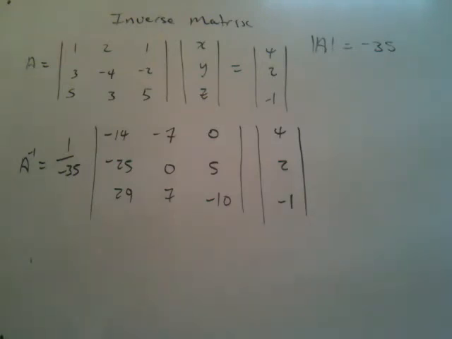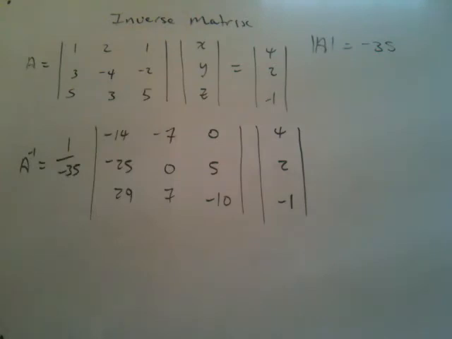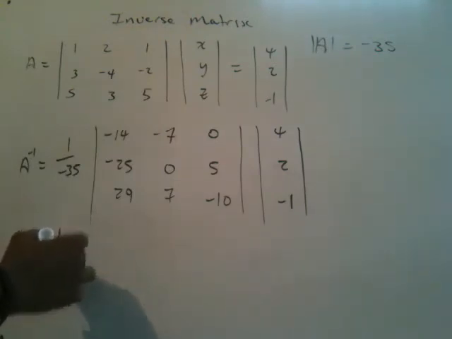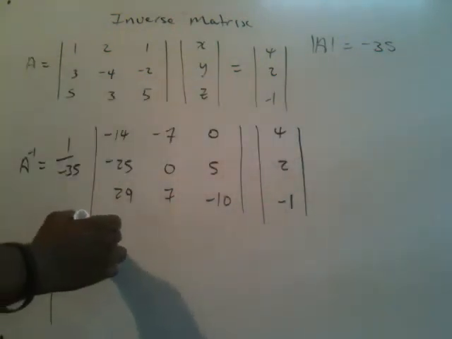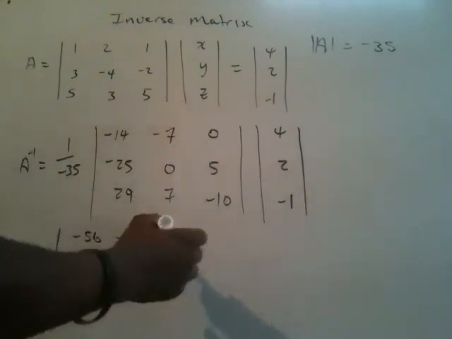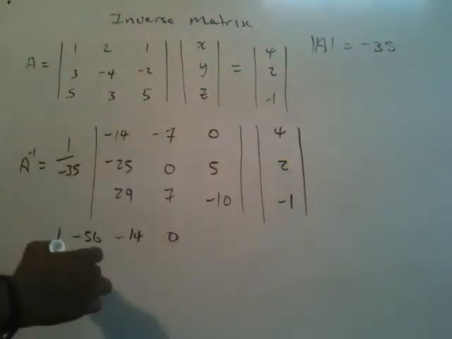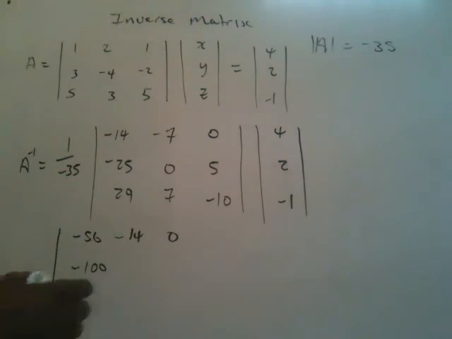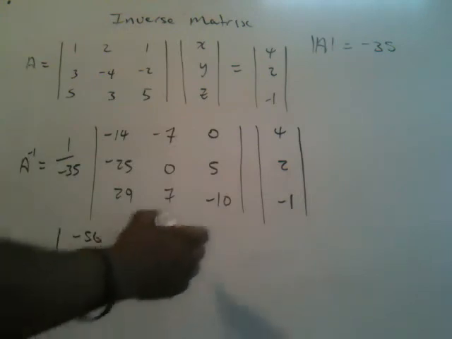First we multiply the constants on the right hand side by the transpose. -14 times 4 gives -56, and -14 because 2 times 7 is 14, and we get a 0 for the next. -25 times 4 gives -100, and 0 times 2 gives 0. 5 times -1 gives -5.